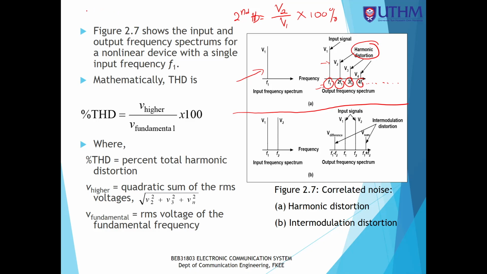Similar for third order: third HD is equal to V3 over V fundamental multiplied by 100%. And so on: fourth order V4, fifth order V5, and so on.